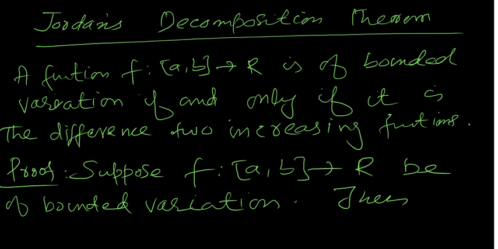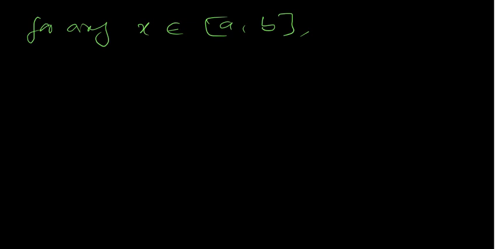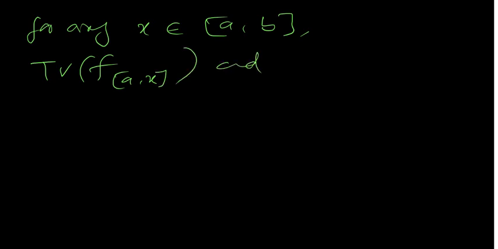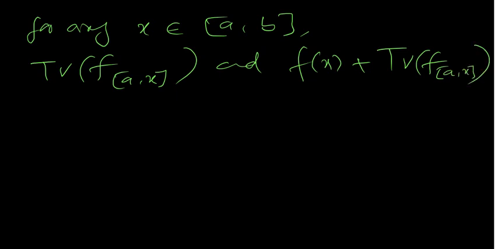Then, as we have seen, for any x belonging to the interval a b, the function total variation of f over the interval a x, which we have denoted by capital T of x, and the function f of x plus TV f a x are monotonic increasing functions.